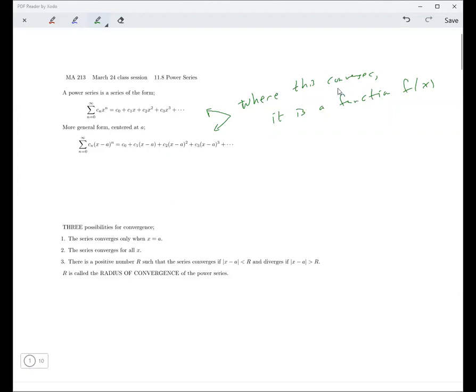Now, where it converges is an interesting and valuable question. So there are three possibilities. The first one is that it only converges at x equals a. For example, if I had n to the n, x to the n, then that's only going to converge when x is 0.